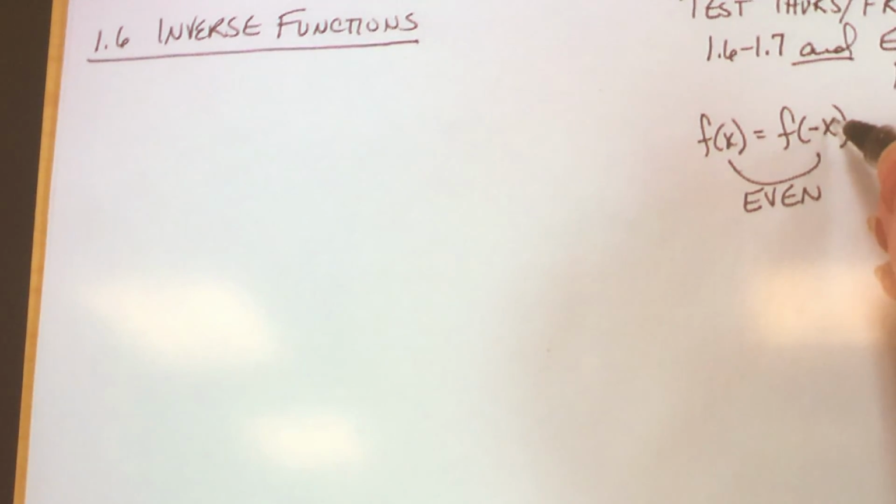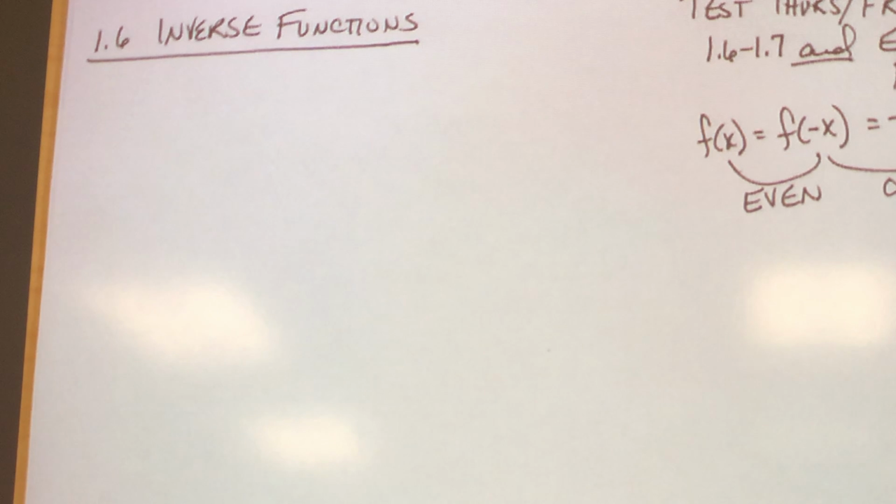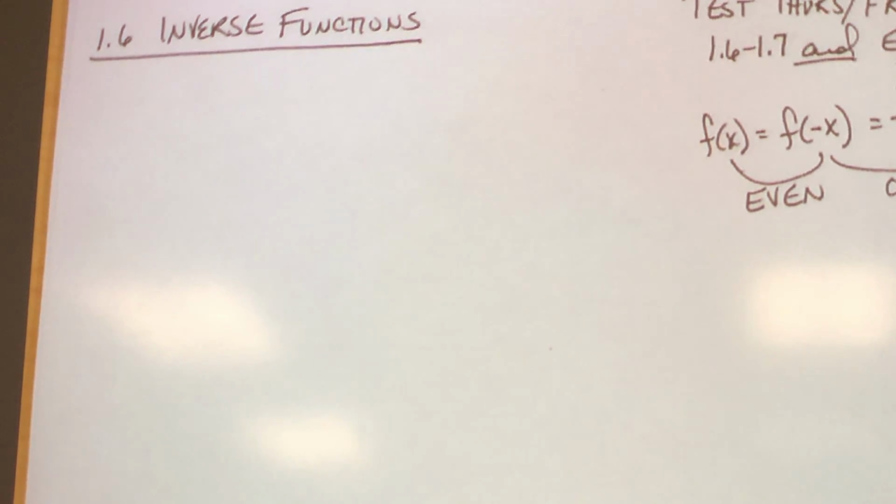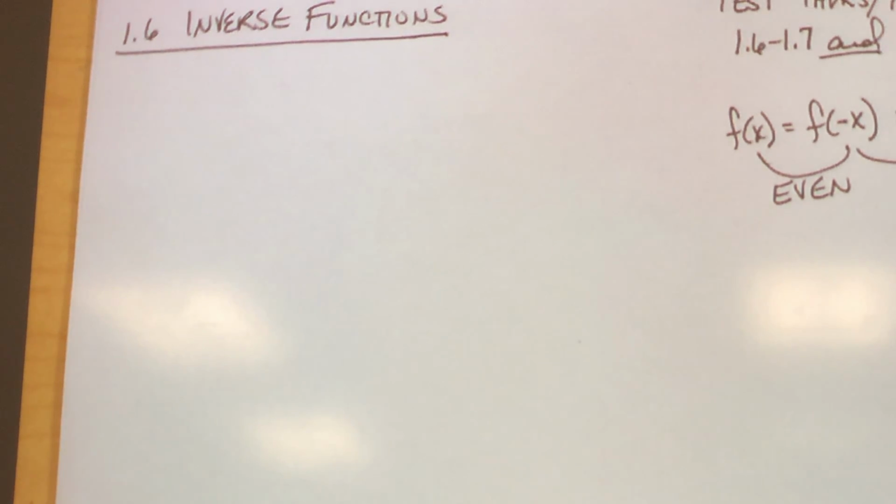Okay, and if f of negative x is equal to the opposite of f of x, then this makes it an odd function. Okay, so remember that? We did that last week or something. So that will be on this test. I think there are some on the review.